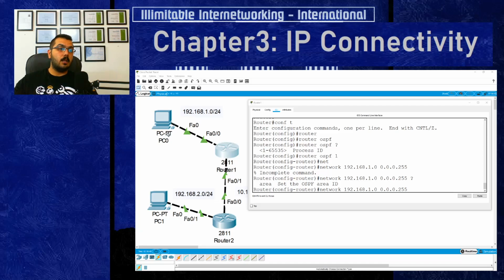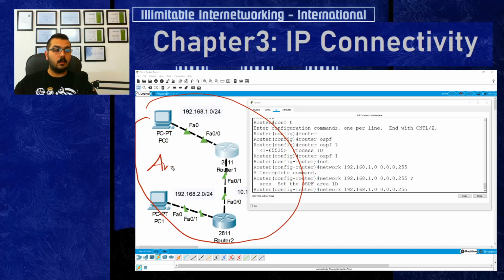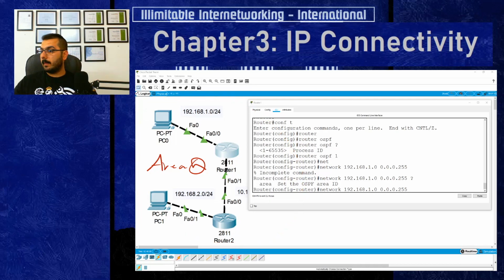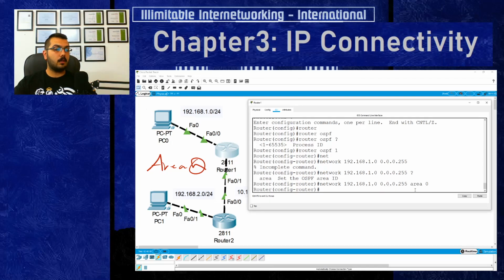In the new CCNA, we will configure an entire network inside area 0. Okay, inside area 0. So I will type in here area 0, hit enter, and I have just advertised this network.